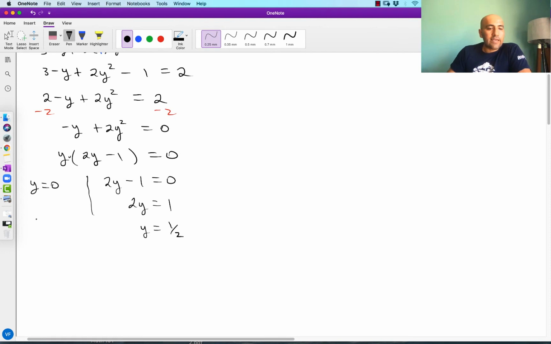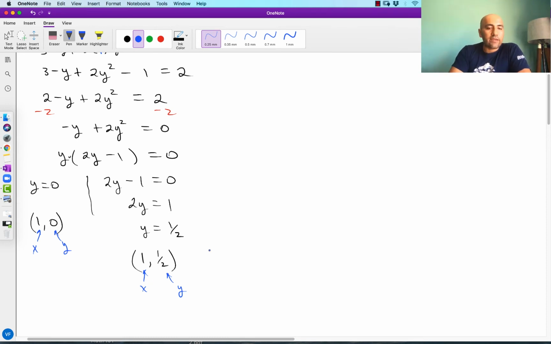One solution is (1, 0), and another solution is (1, 1/2). That's, again, where x is equal to 1, and y is equal to 1/2, and here x is 1 and y is equal to 0.